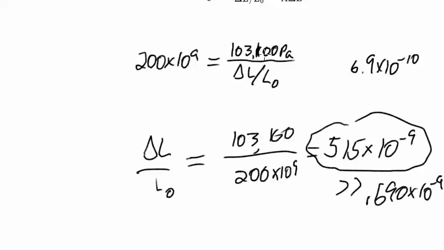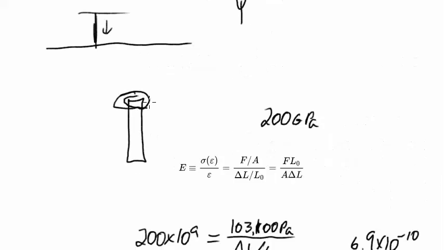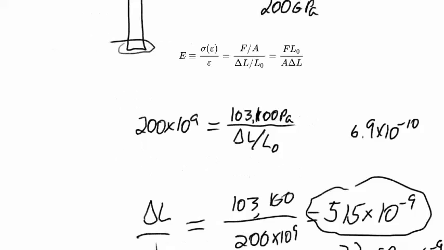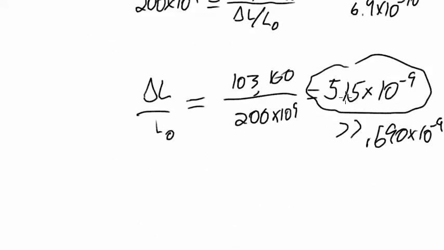So we're looking at just this top part of the ruler that is only being compressed by the atmospheric pressure. It gets steadily worse as you go down. But 515 times 10 to the negative ninth is how much you would expect the top of a steel rod to compress under atmospheric pressure.